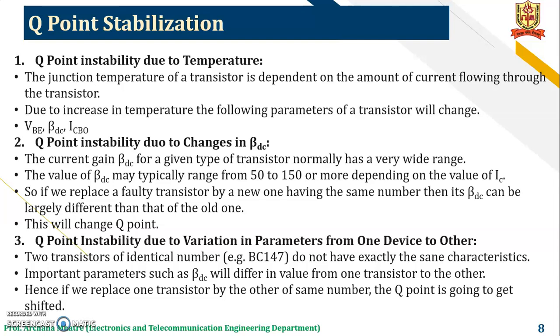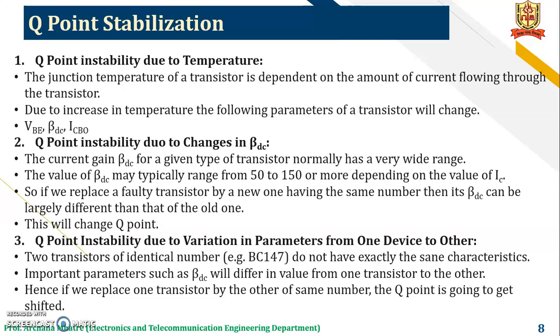So, if we replace a faulty transistor by a new one having the same number, then its beta DC can be largely different from that of the old one. This will change the Q point. Q point instability due to variation in parameters from one device to another device.